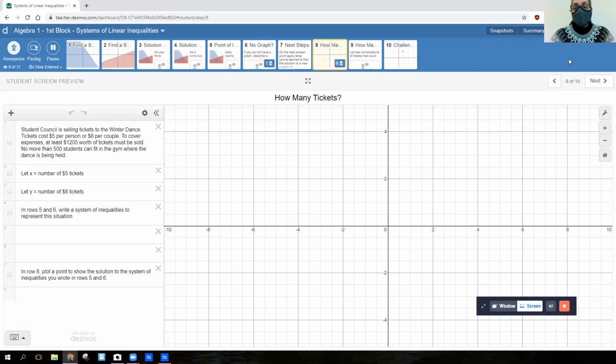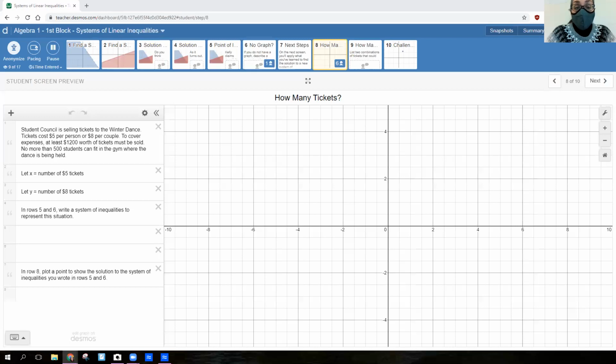It says, the student council is selling tickets to the winter dance. Tickets cost $5 per person or $8 per couple. To cover expenses, at least $1,200 worth of tickets must be sold. No more than 500 students can fit in the gym where the dance is being held.